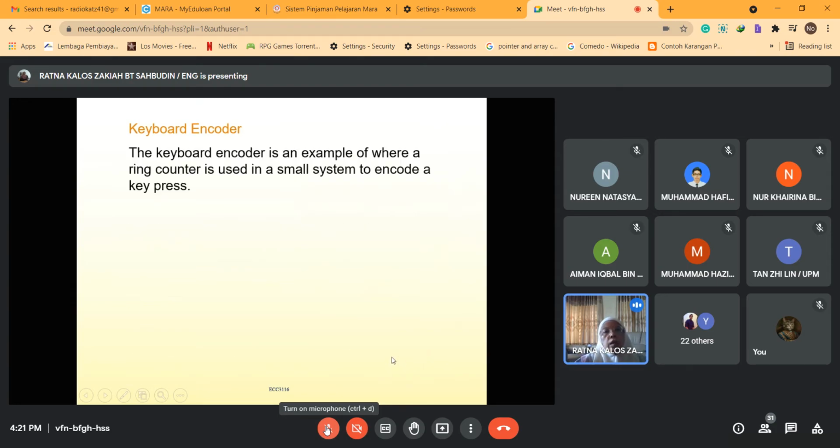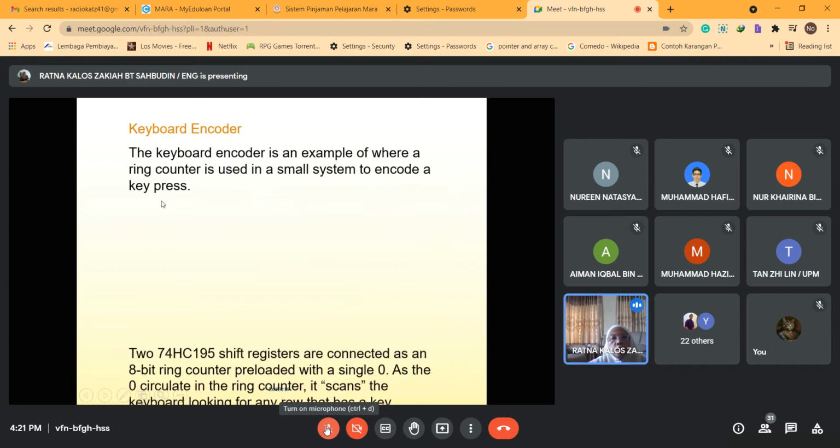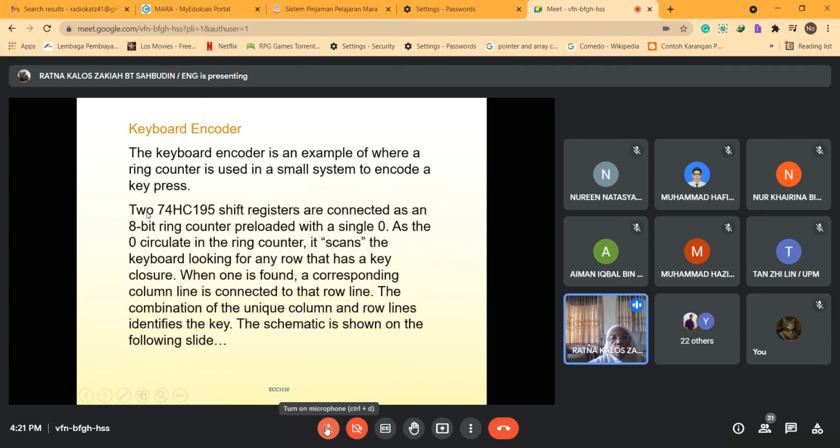And then the keyboard encoder. The keyboard encoder is an example of where a ring counter is used in a small system to encode a key press. The 74HC195 shift registers are connected as an 8-bit ring counter preloaded with a single zero.